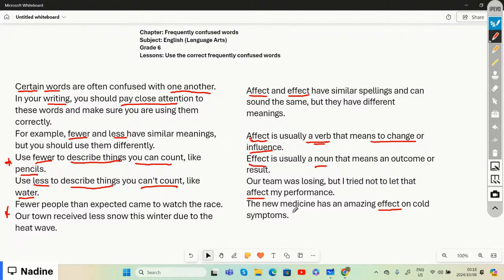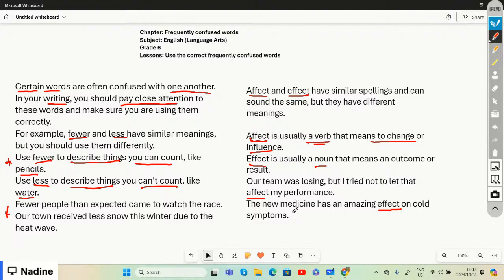Then we have the words affect and effect. And we see when it comes to affect and effect, this is actually one of the most commonly confused pairs of words.